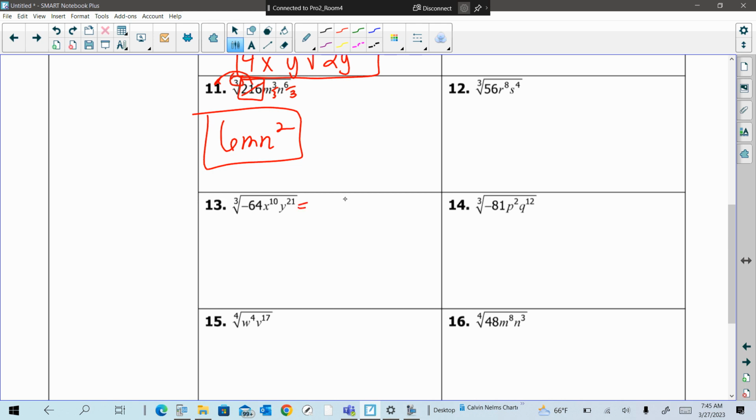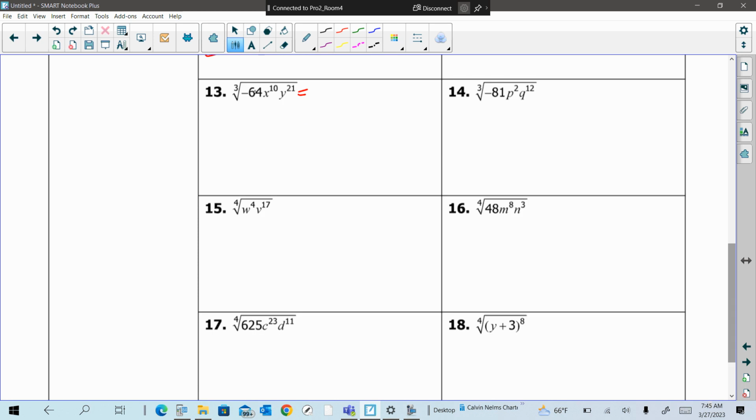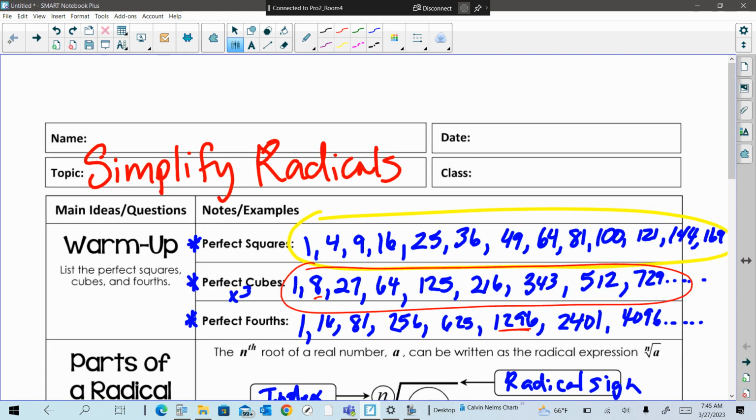All right, so on this one, 64 is a perfect cube. Is 64 a perfect cube? Oh yeah, it is. That's right there.